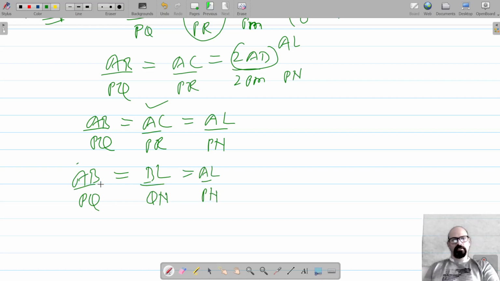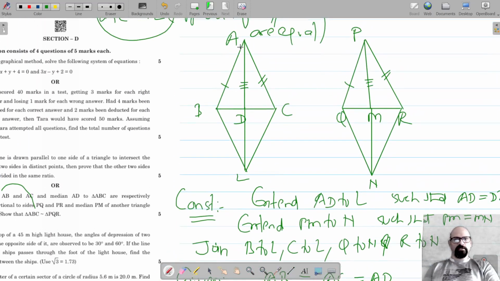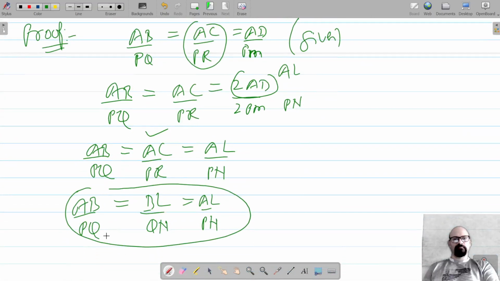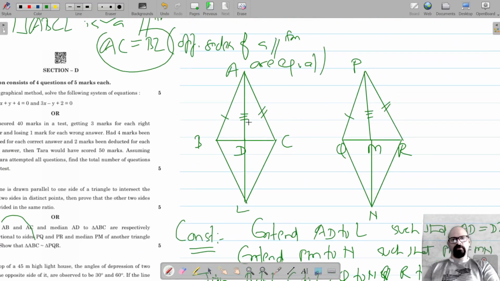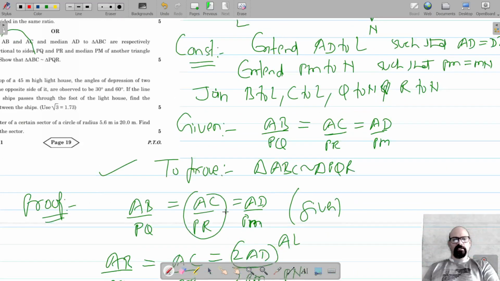Now these sides are in proportion for the triangle ABL: AB is in proportion with PQ, AL comes in proportion with PR, and BL comes in proportion with QN. So that means these two triangles are similar.